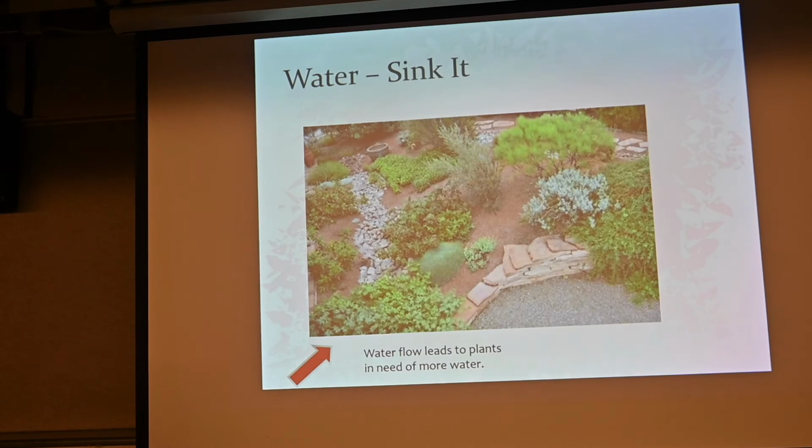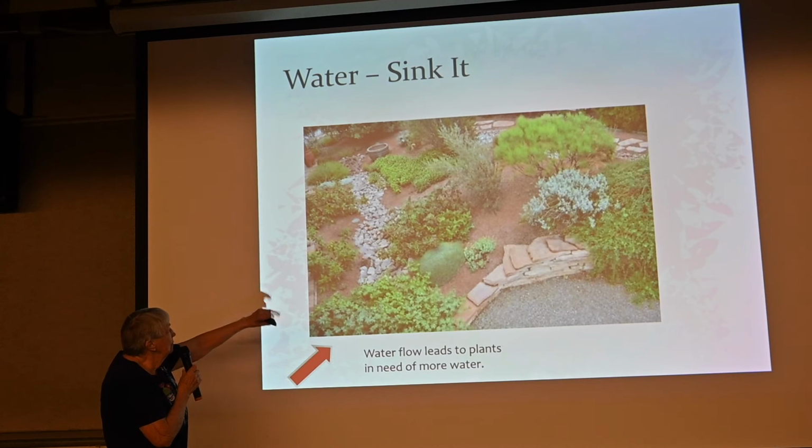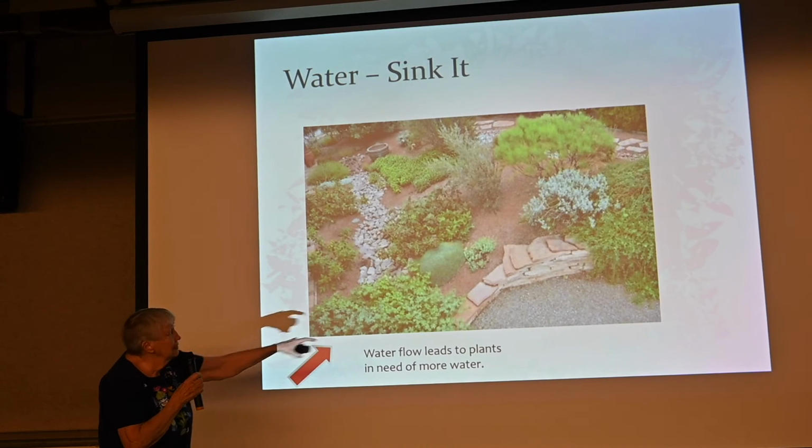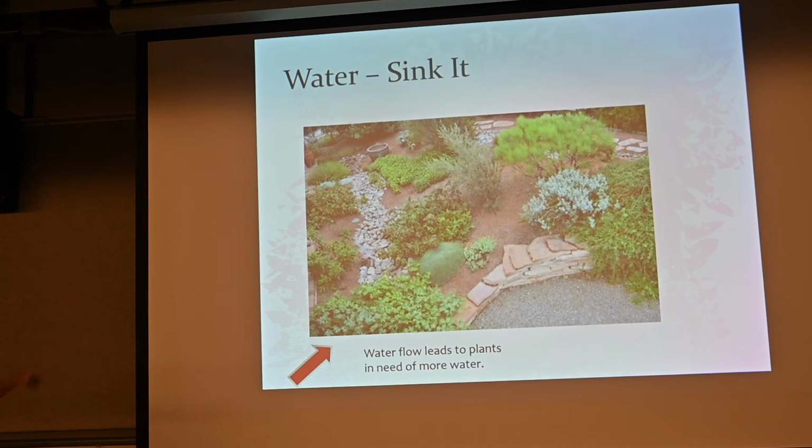No. So here, you're going to run it to a dry stream, and then the dry stream, if it needs an overflow, goes into this little lower basin. But you could lead it to plants, and the ones on the bottom side of the slope over here need more water than the ones above.